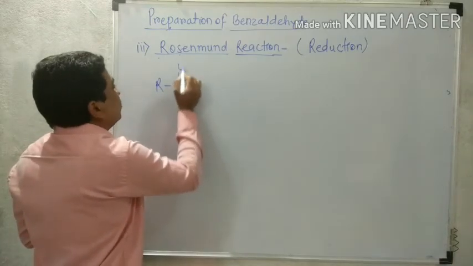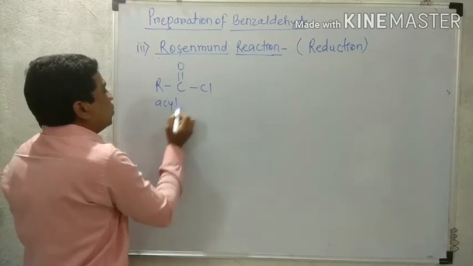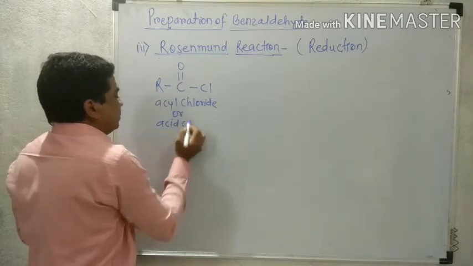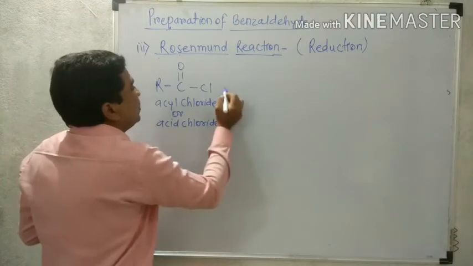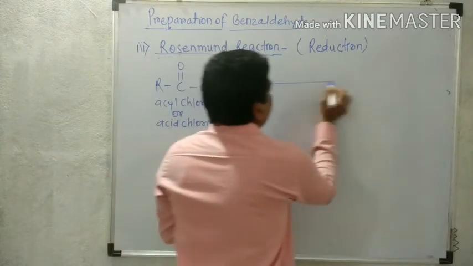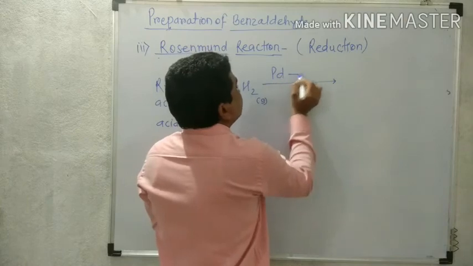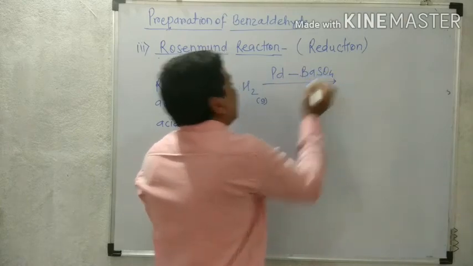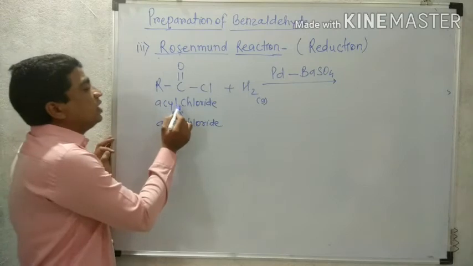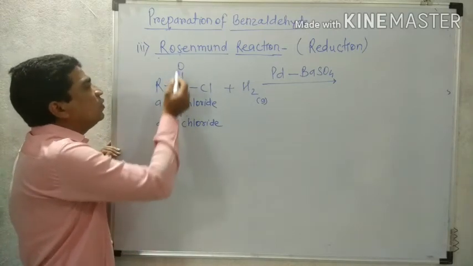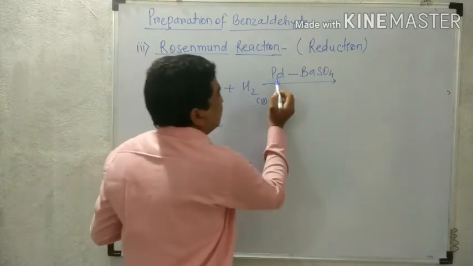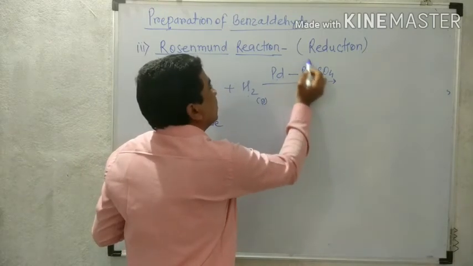When RCOCl, that is acyl chloride or acid chloride, undergoes reaction with hydrogen gas, H2, in the presence of catalyst palladium supported on BaSO4, that is barium sulfate.